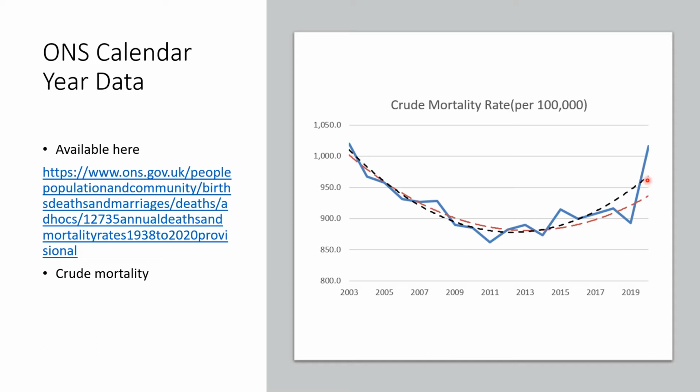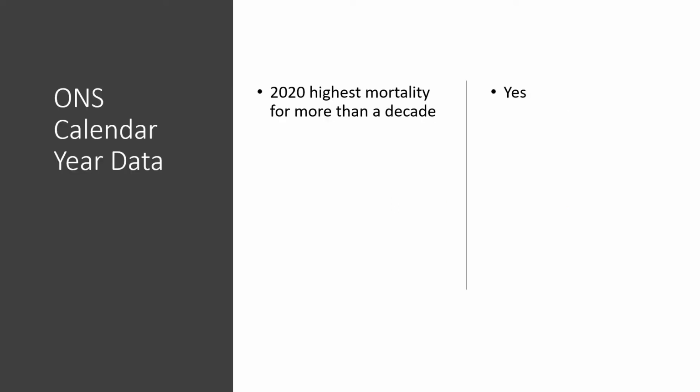The only difference between these two fits of the data is which points they include. The red line is exclusive of the COVID year and the black line is inclusive of the COVID year. But to draw conclusions, one has to decide on which forecast mortality one should use.